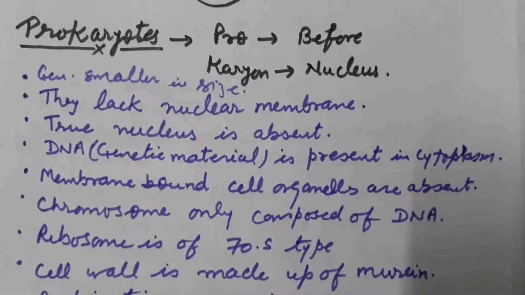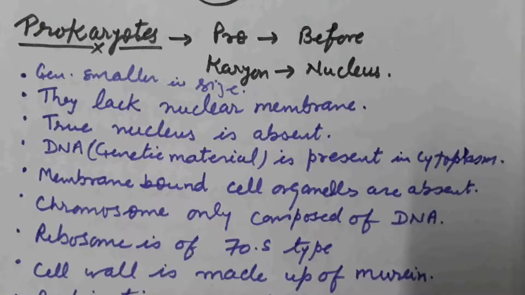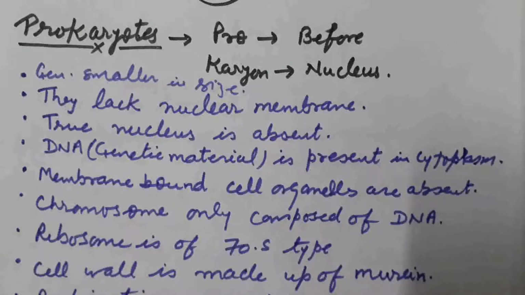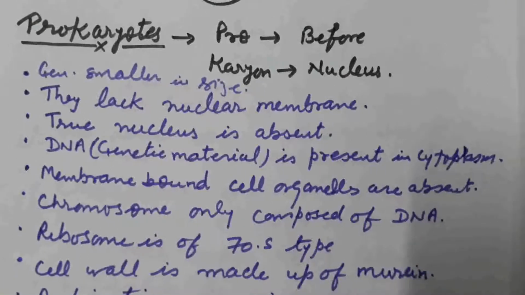Membrane bound cell organelles are absent. Membrane bound cell organelles are present in eukaryotic cell, like endoplasmic reticulum, Golgi bodies, and chloroplast. So around them membrane is present, but in case of prokaryotic cell, membrane bound cell organelles are absent. Chromosomes are composed only of DNA.